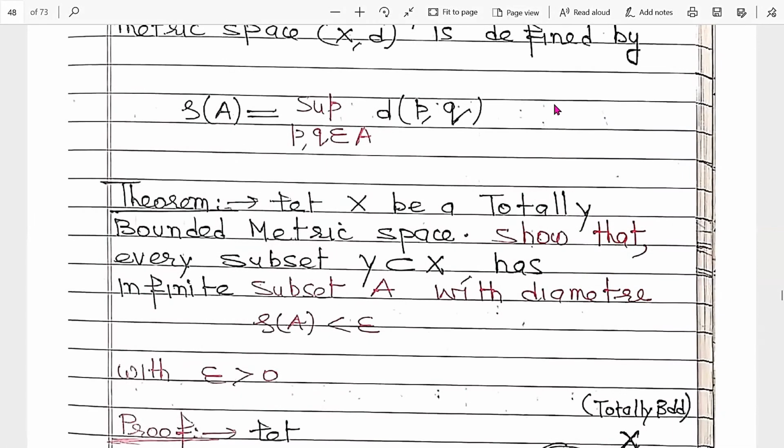Now, next topic is the diameter of a set. So first, what is diameter?